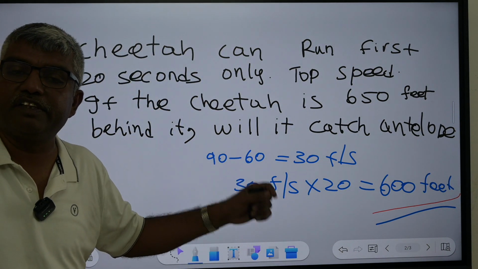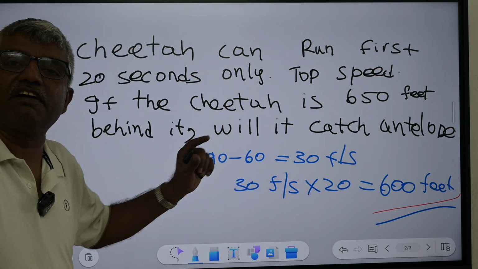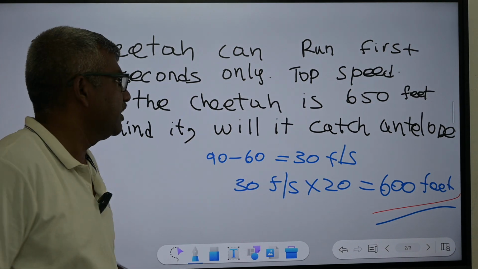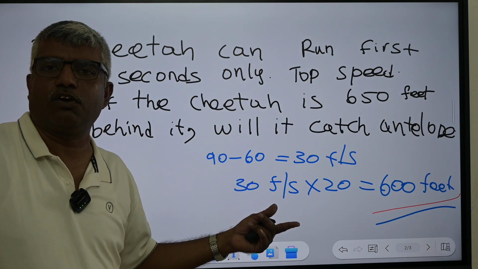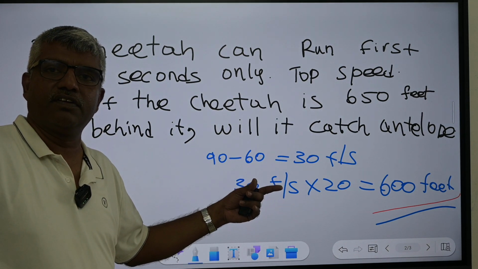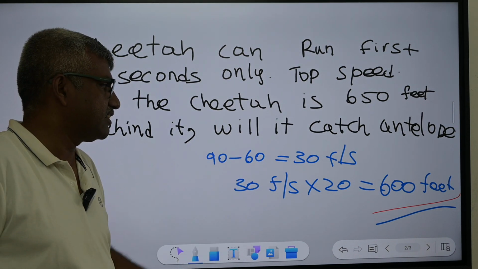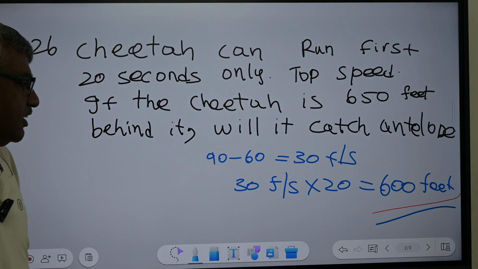If it is anything within 600 feet, the cheetah will catch the antelope. Okay, but if the cheetah is 650 feet behind, will it catch the antelope? It will not catch. You understand? Will it catch the antelope? It will not catch. Okay.